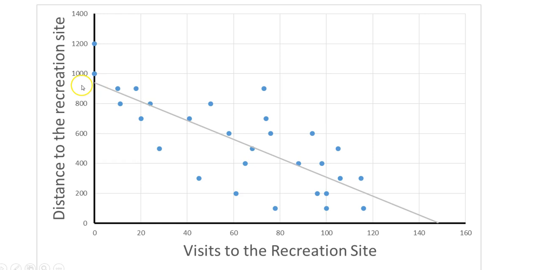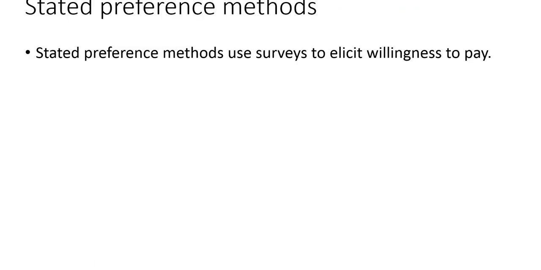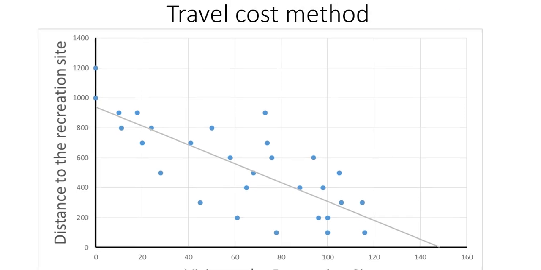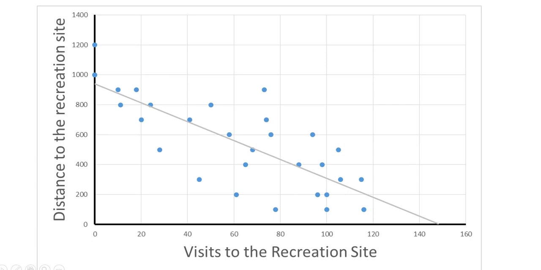So what you can do is convert the distance to the recreation site to a travel cost, hence the name travel cost method. Sorry about that. We'll talk about how to convert distance to a travel cost another day.